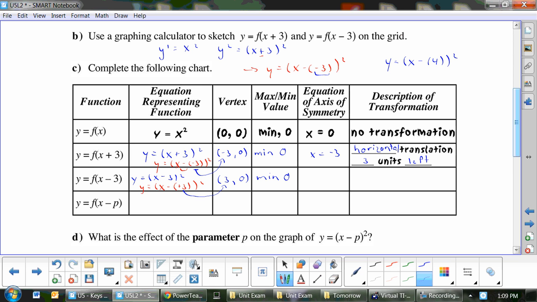Our min doesn't change because we're not moving it up or down. What about our axis of symmetry? Plus 3. Yep. So the vertex, like that. And then for this one, we can say a horizontal translation of 3 units right.